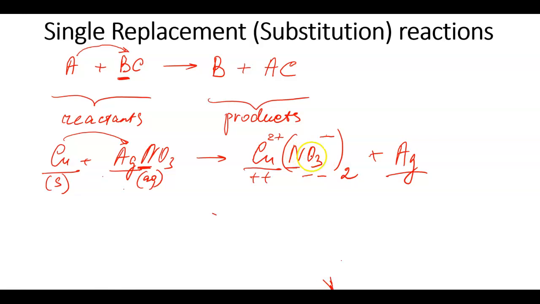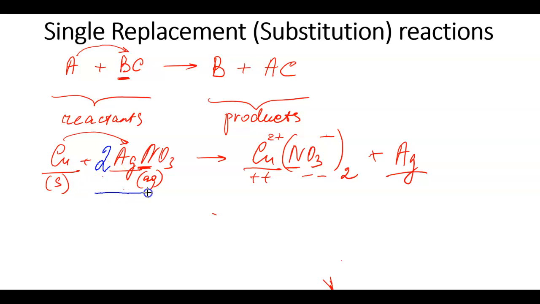So two nitrogens here, that gives us coefficient 2, I need to put it in front of AgNO3, in front of silver nitrate.